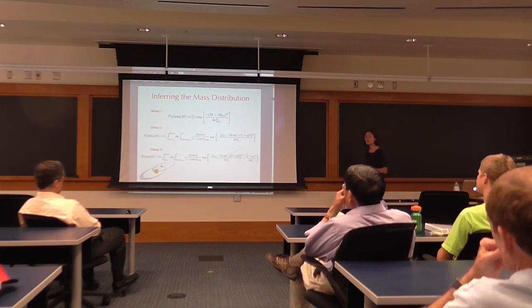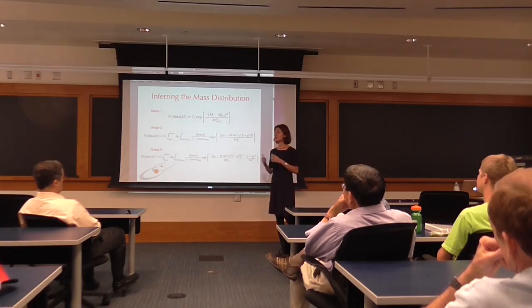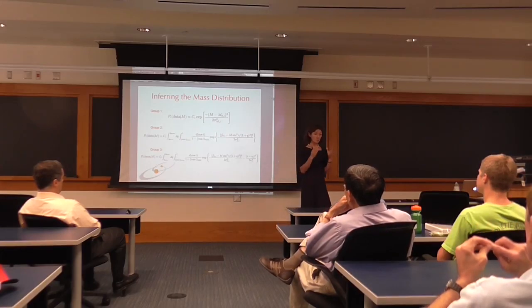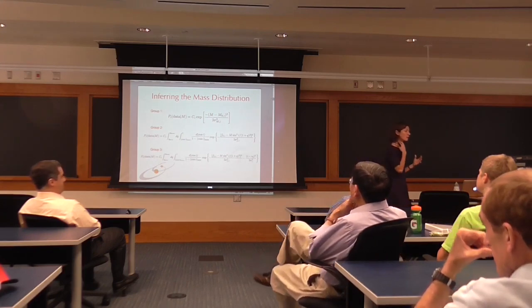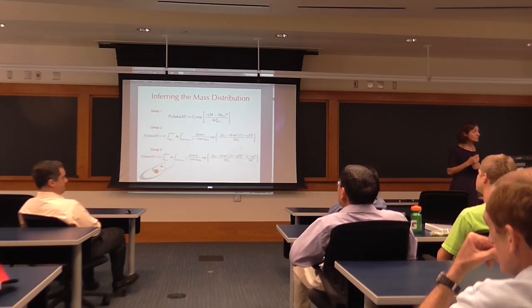For some systems, we have very good constraints on the inclination of the system and very good constraints on the mass ratio. When you fold that in with the mass function, you get uncertainties that look Gaussian. So the likelihood over the mass of the black hole looks like a Gaussian.